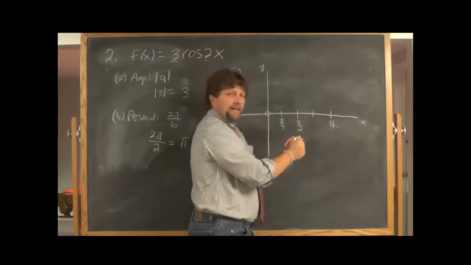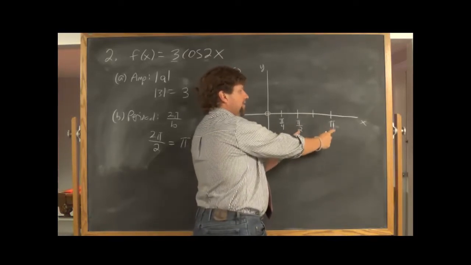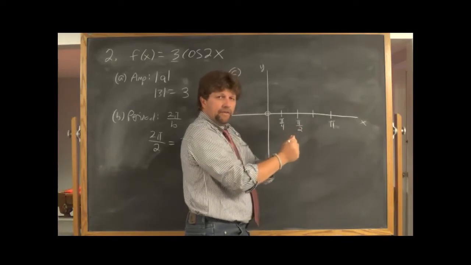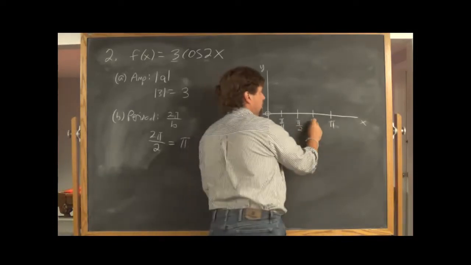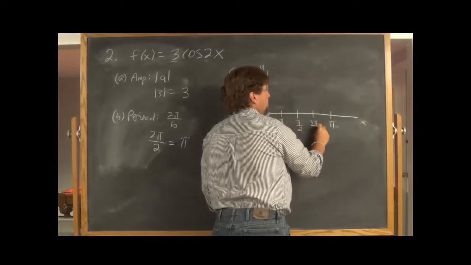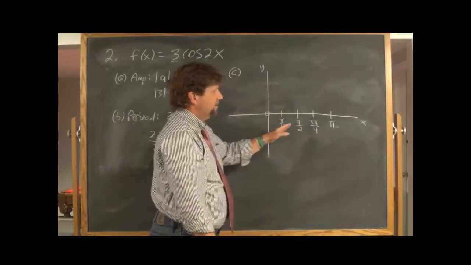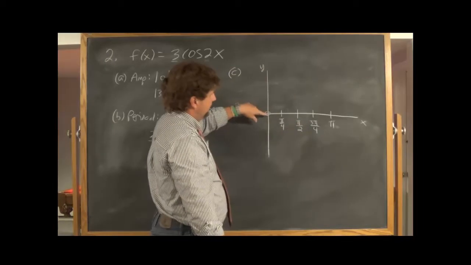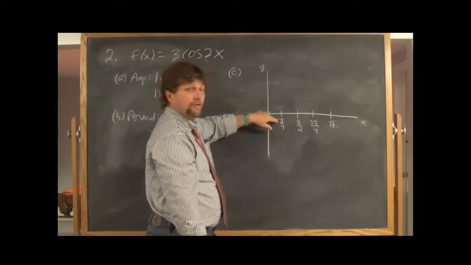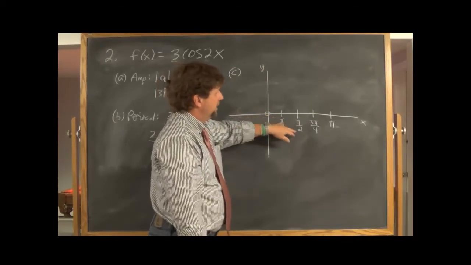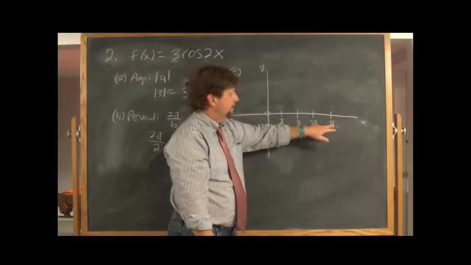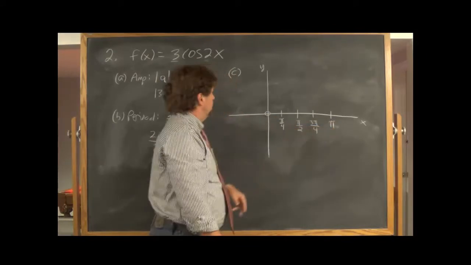So it's simply finding an average. I take pi over 2 plus pi, add them together, and divide by 2. That gives me 3 pi over 4. So these are my 5 quarter points: the left endpoint of one period, the first quarter point, midpoint, third quarter point, right endpoint.